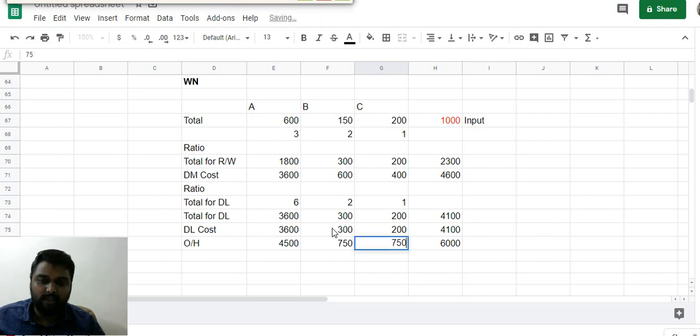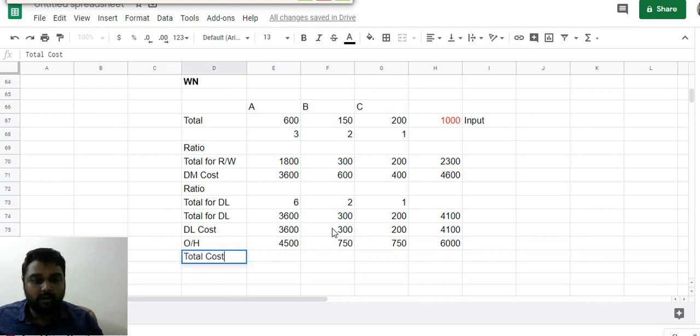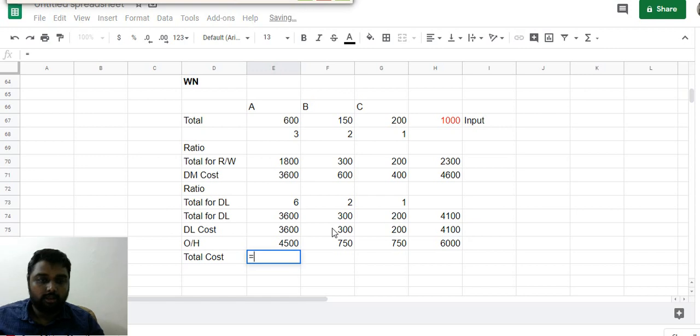Same ratio. So what will be the total cost? You have to do it separately, but because I want to save time, I am doing it here. The total cost, you have to show these three alone: material, labor, and overhead. Got it? You can counter check your answer also.